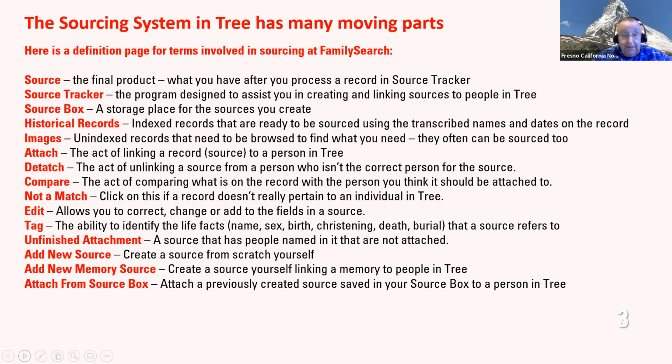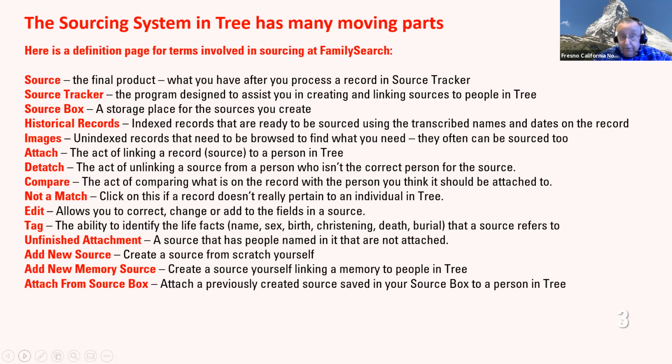You can also edit the historical records, at least parts of the historical records that go in a source. Tagging is the ability to take the facts about a person and tell FamilySearch that they are in this source, and go to either the name, sex, birth, christening, death, or burial of the person.